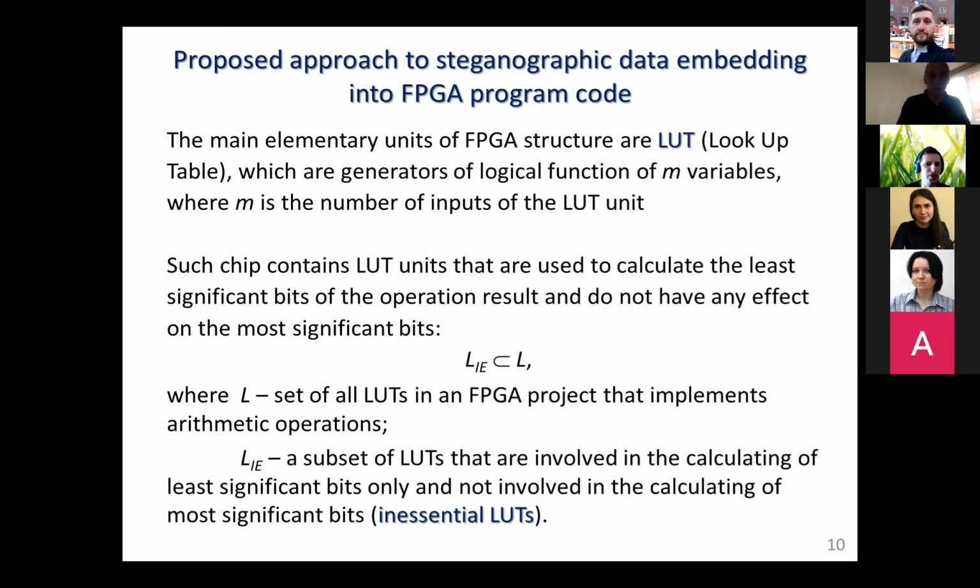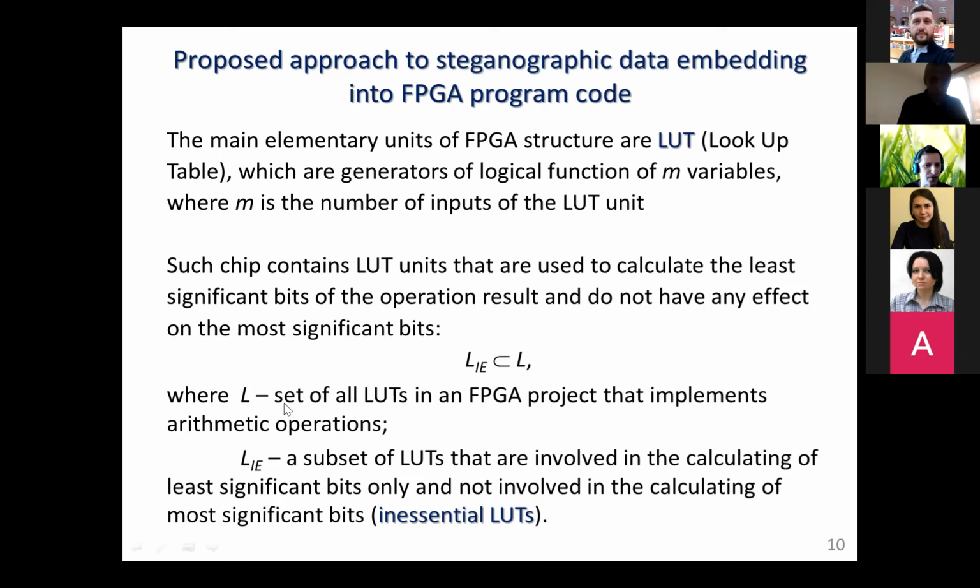Such a chip contains LUT units that are used to calculate the least significant bits of the operation result and do not have any effect on the most significant bits.